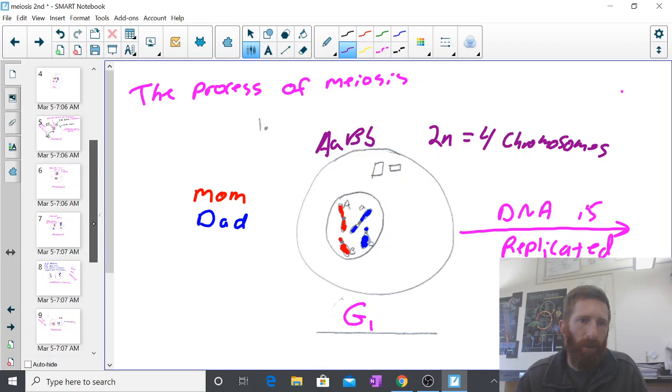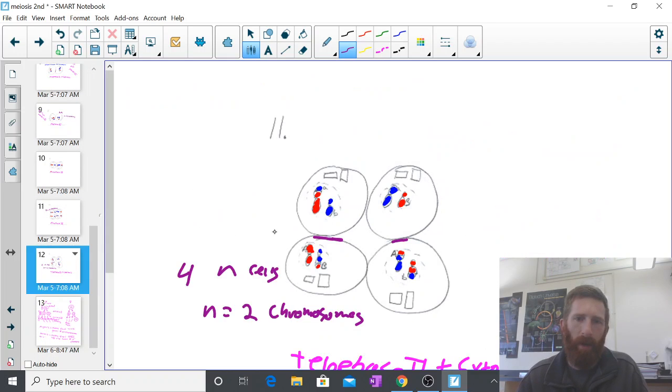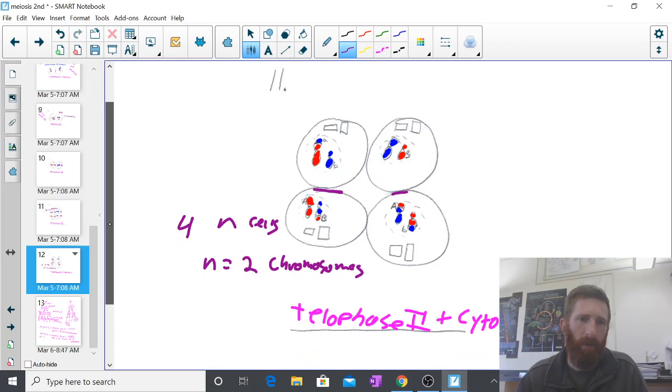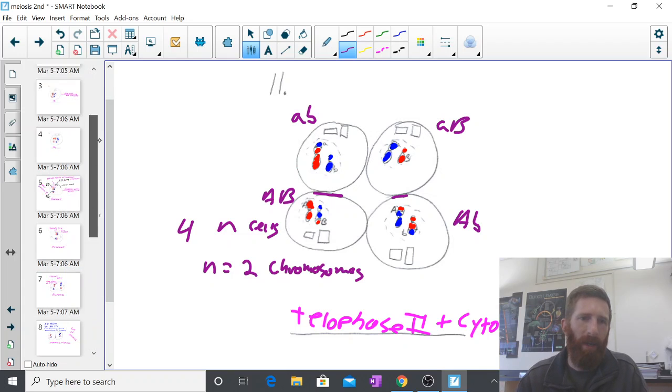If we start with that genotype, then telophase, cytokinesis, the process of meiosis, we get one cell whose genotype is a, little b. We get another cell whose genotype is a, big B. We get another cell whose genotype is big A, little b. And we get another cell whose genotype is big A, big B.